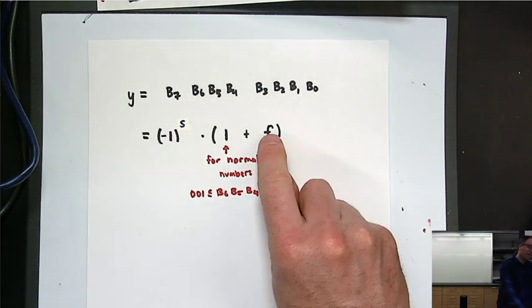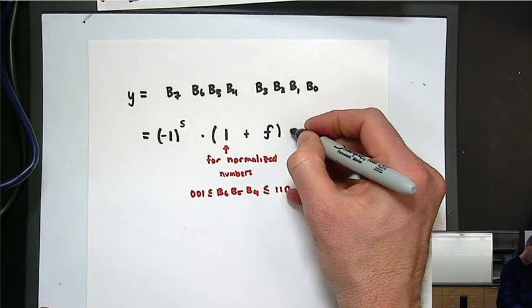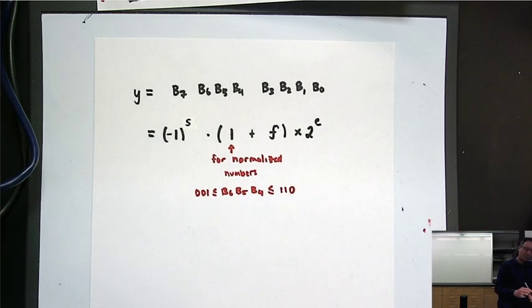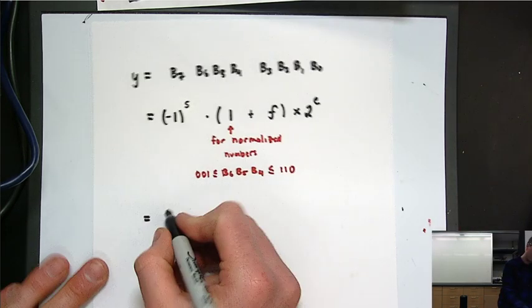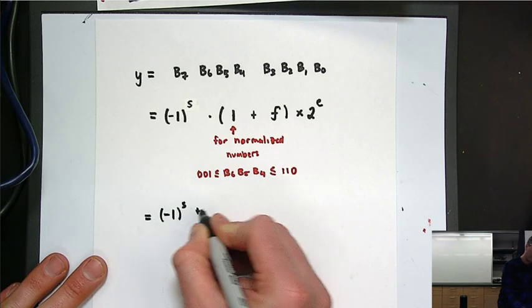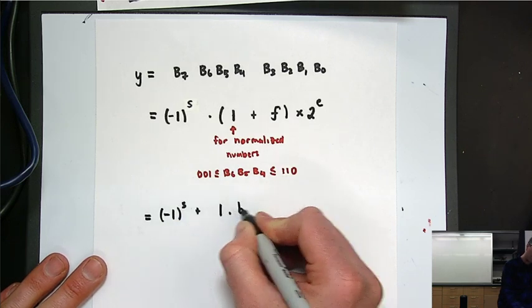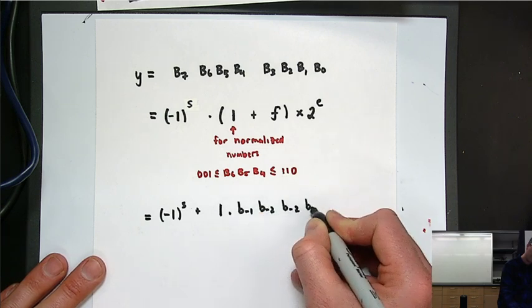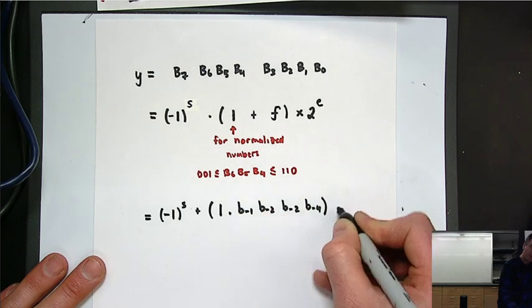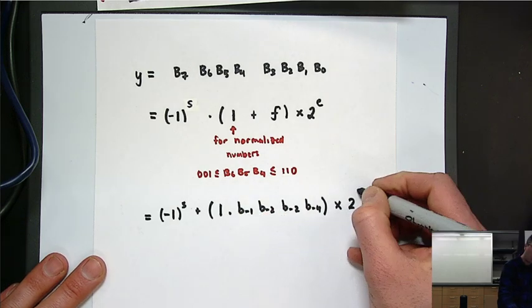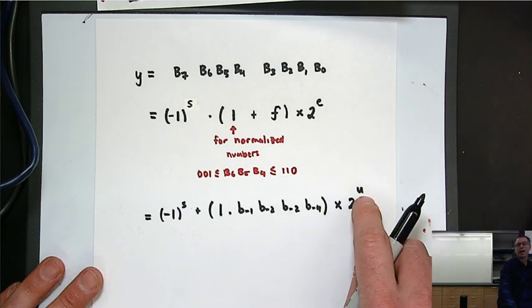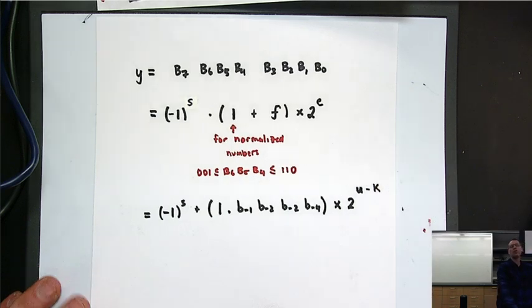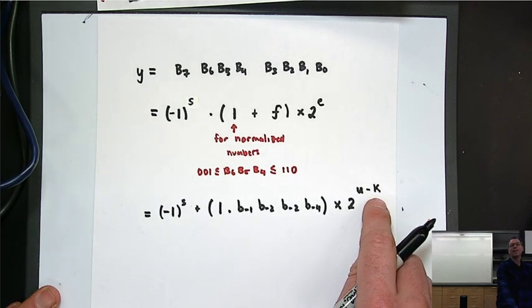And then literally this set of bits, so in this case we have -1 to the sign bit times 1 point B-1, B-2, B-3, B-4 times 2 to whatever the unsigned exponent field is minus our excess k value, and in this case the excess k is 3.